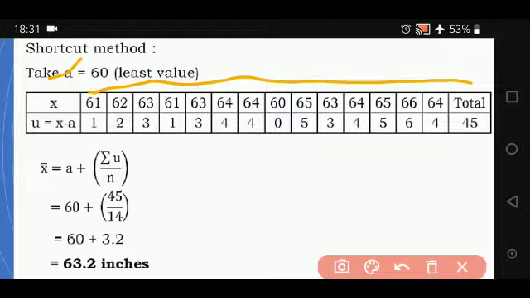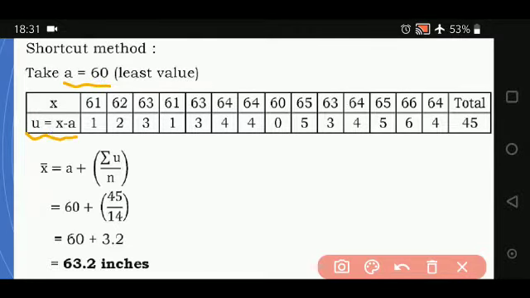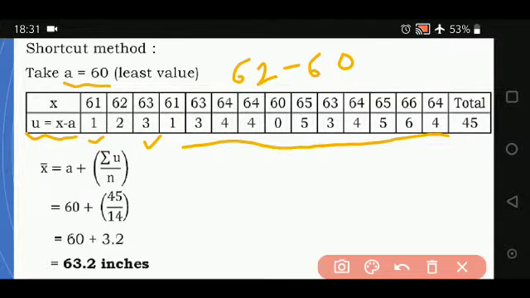So here in this particular case, they have taken a is equal to 60. Now a is equal to 60 means your u will be x minus a, that is 61 minus 60 is 1, 62 minus 60 will be 2, 63 minus 60 will be 3, and so on. You do the same thing for this.